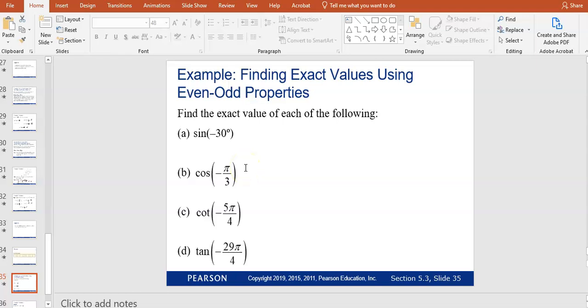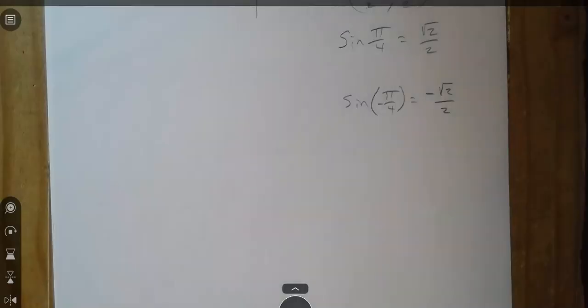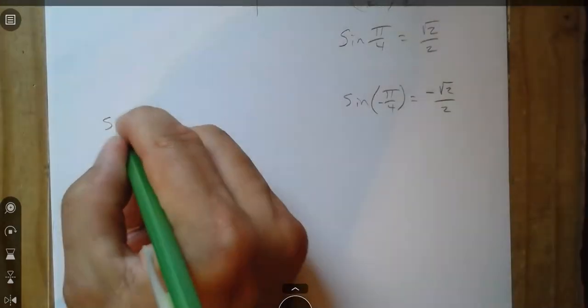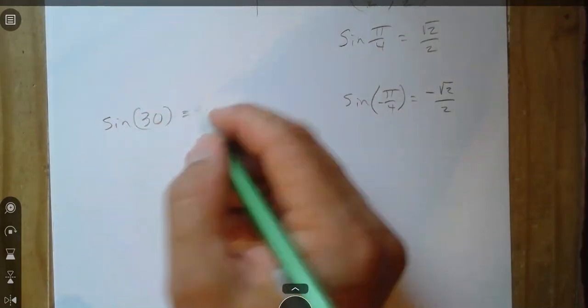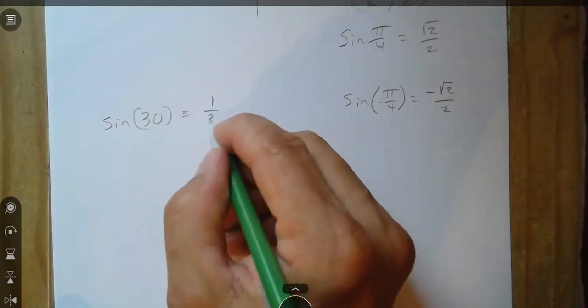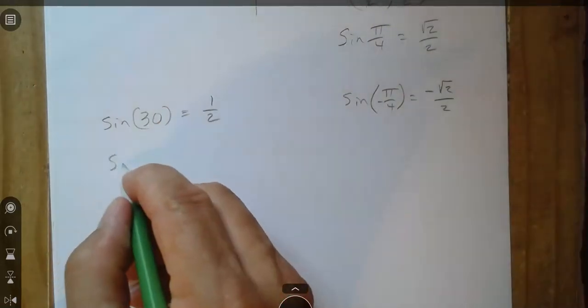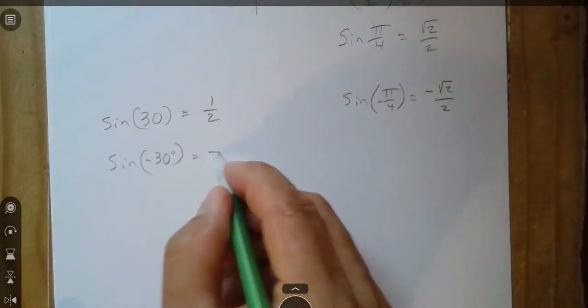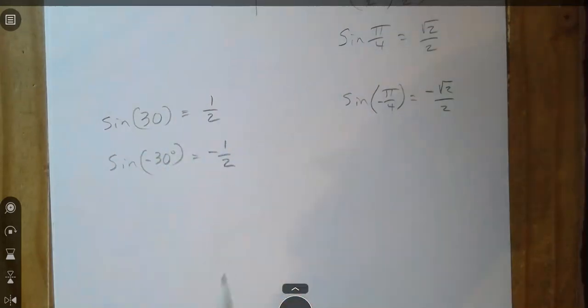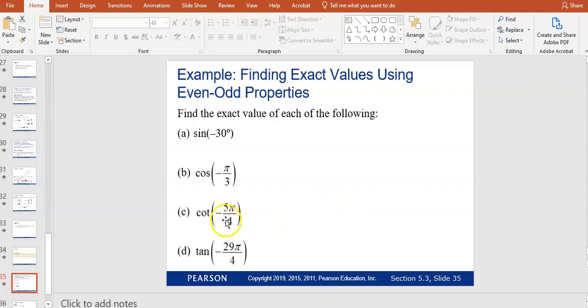Sine of negative 30 degrees. Well, on my unit circle, I know sine of 30 degrees is 1/2. So sine of negative 30 degrees, since it's going to make it negative, is going to be negative 1/2. That's how my even and odd properties are going to work.